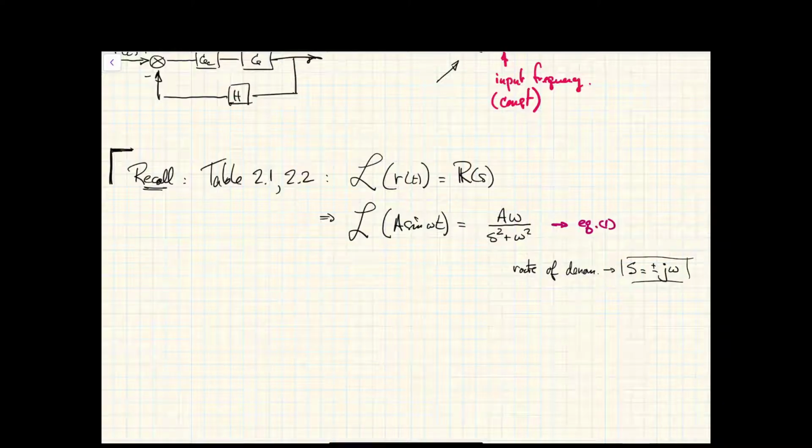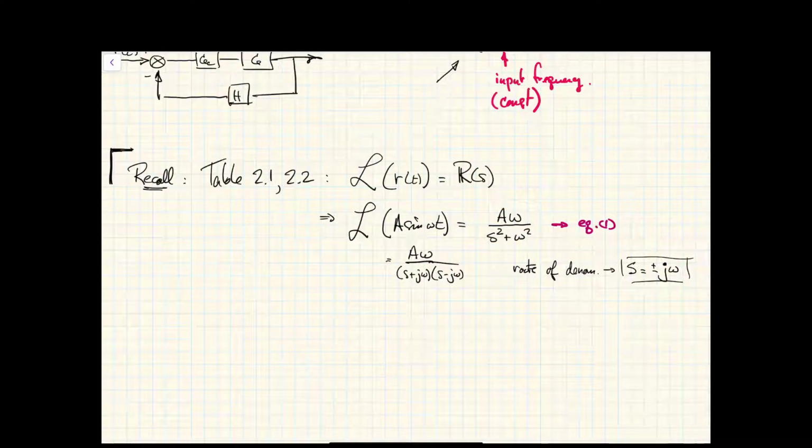On top of that, we're going to see that that's kind of important as we move along, right? S is equal to plus or minus j omega, so that I could really also write this as A omega over s plus j omega times s minus j omega, and that's the exact same thing. So equation 1 is either of those two forms, okay?